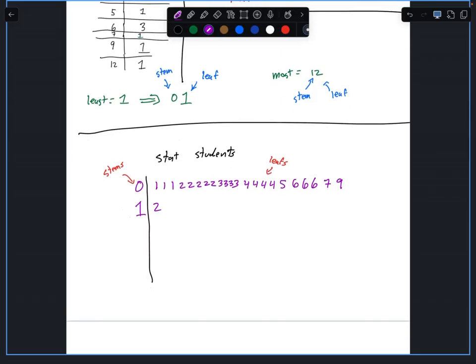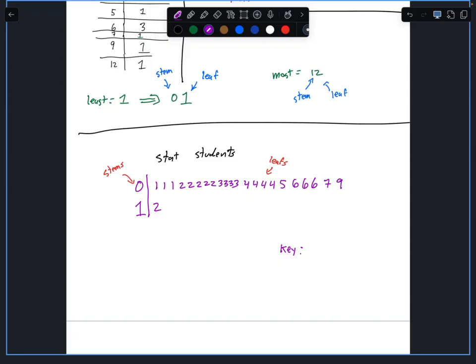Now, what am I missing here? I'm missing one more thing. I'm missing my key. So you can pick any response for your key. Pick any response that you see. 5.